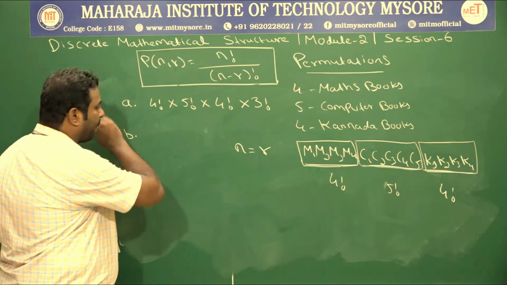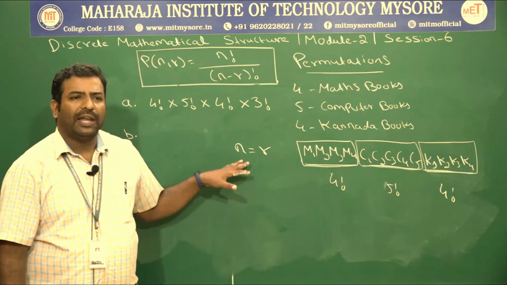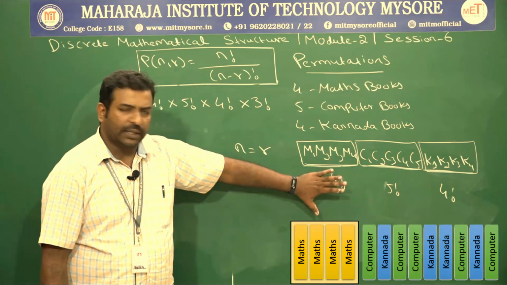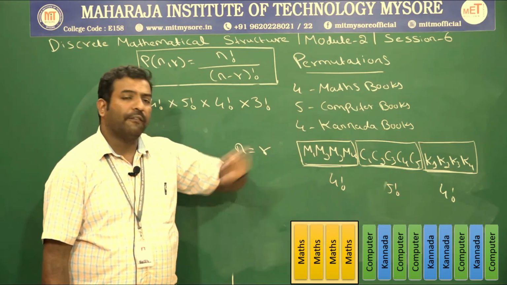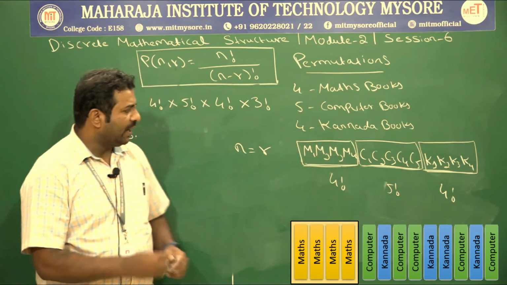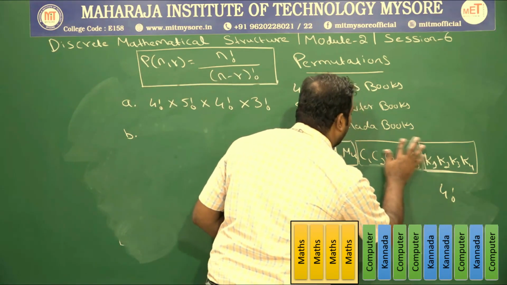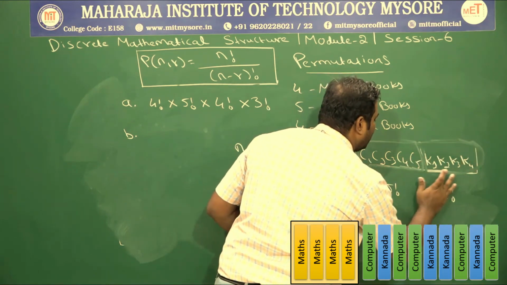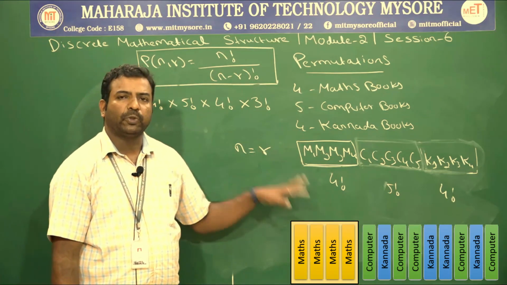Now for case B. In case B, what exactly do I want? Only the math books should be together. All other books I can arrange the way I want. In that case, I cannot make these a block, because they need not be together. Only the math books are supposed to be together.